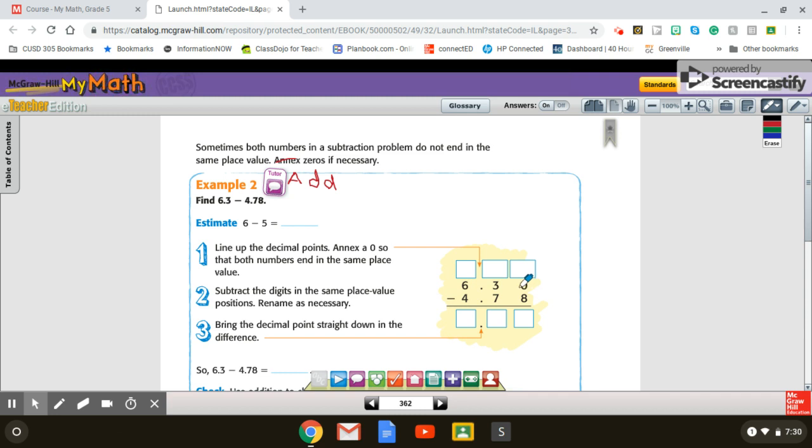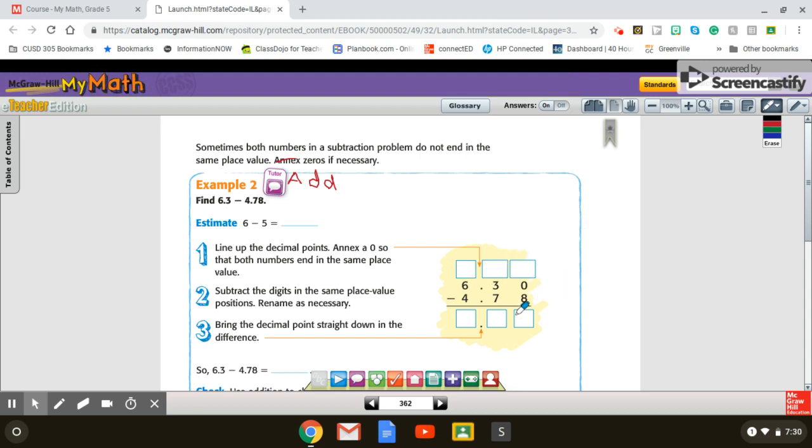If we line up the decimal points and the top number does not have the same amount of place value, you add zeros to line up with the bottom. You need the same number of place value places in the top number as the bottom number. It's very important. Then we subtract just like normal.